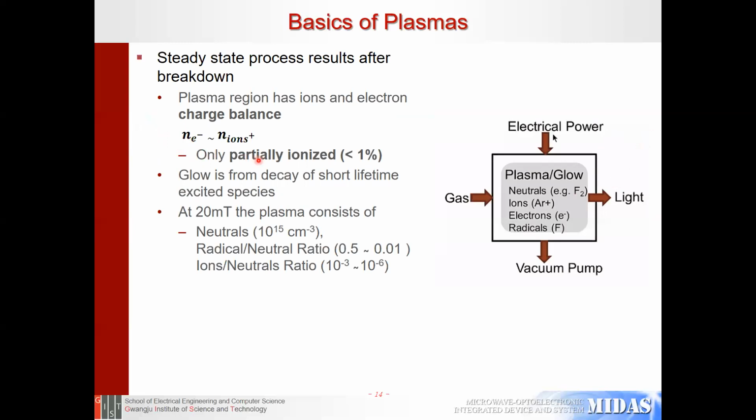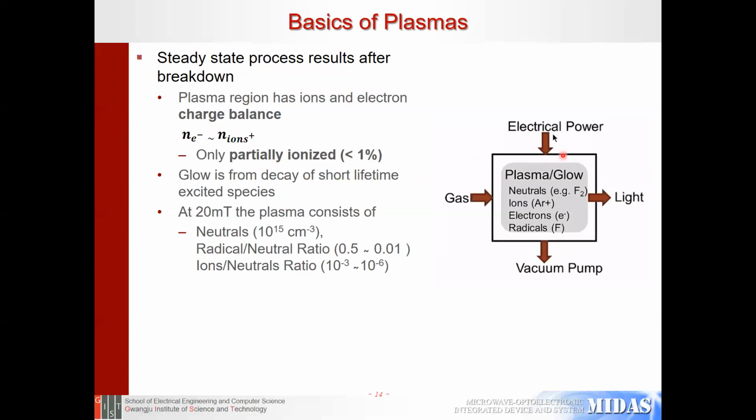Typically, in plasma processing, we talk about partially ionized gases. Less than 1% of the molecules or atoms in the chamber are ionized, so it is mainly neutral species. The glow in the chamber is due to the decay of short lifetime excited species. Their lifetime is in nanoseconds.